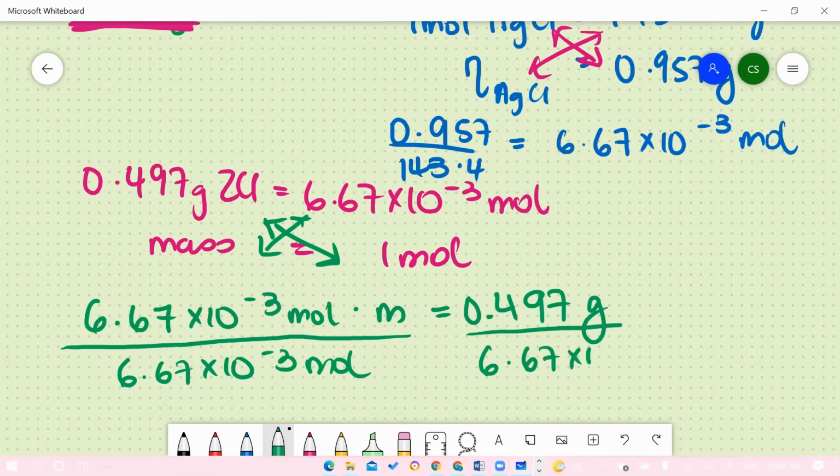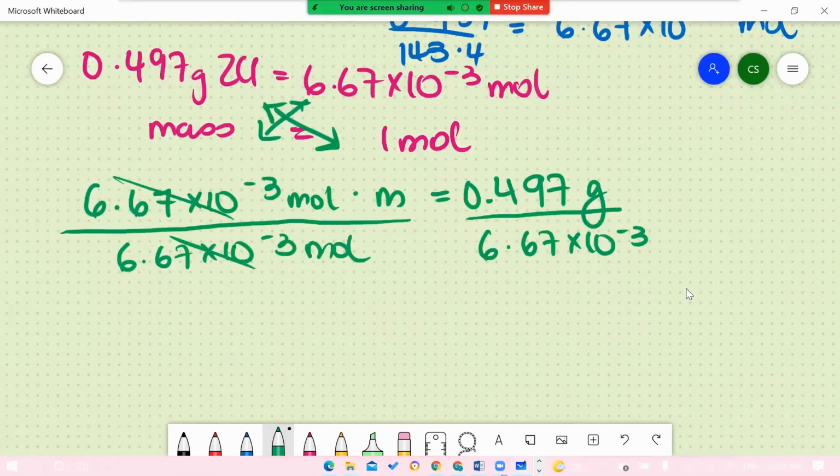So we have to divide the 0.497 by the 6.67 times 10 to the negative 3. Very good. And that would give us the mass of 1 mole of the substance, right? That's true.